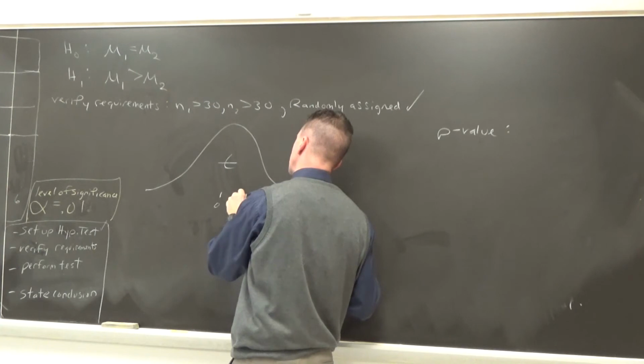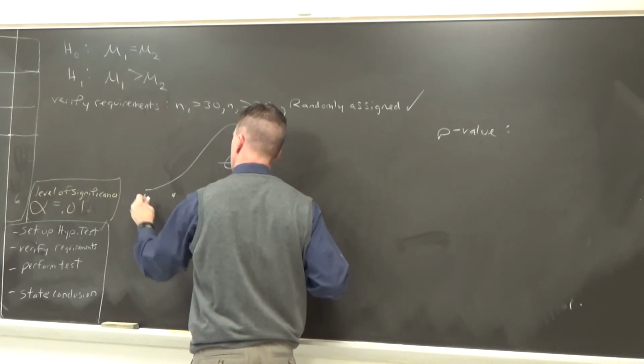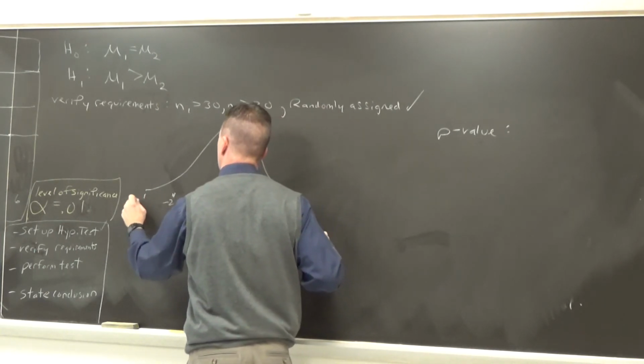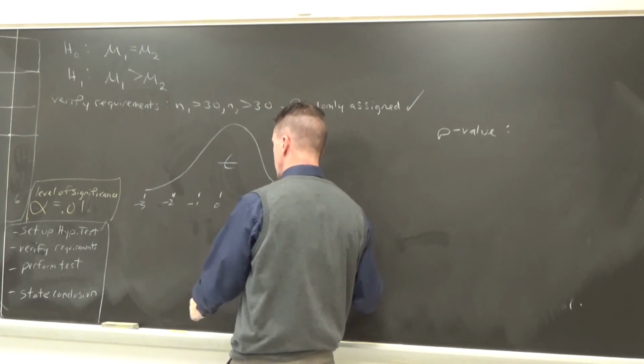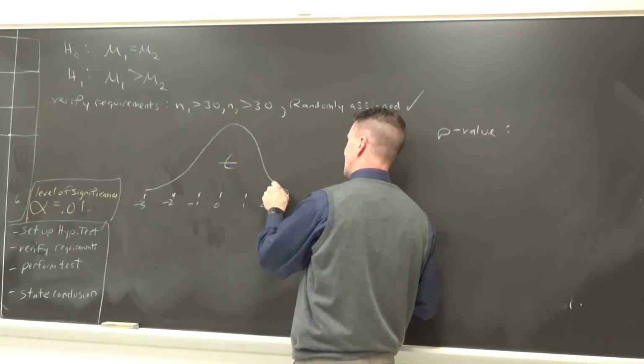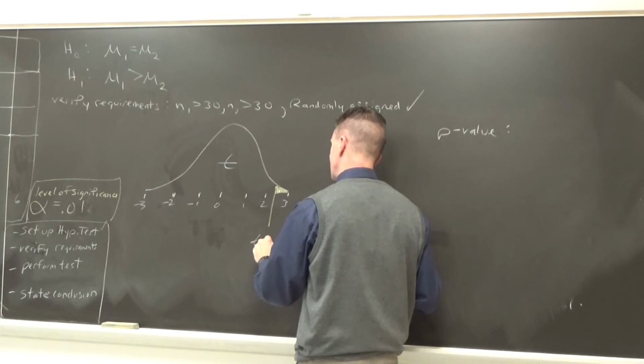T equals 0 here, T equals 1, 2, and 3. Now find your T crit. How much am I shading over here? 0.01. Thanks, Michael.